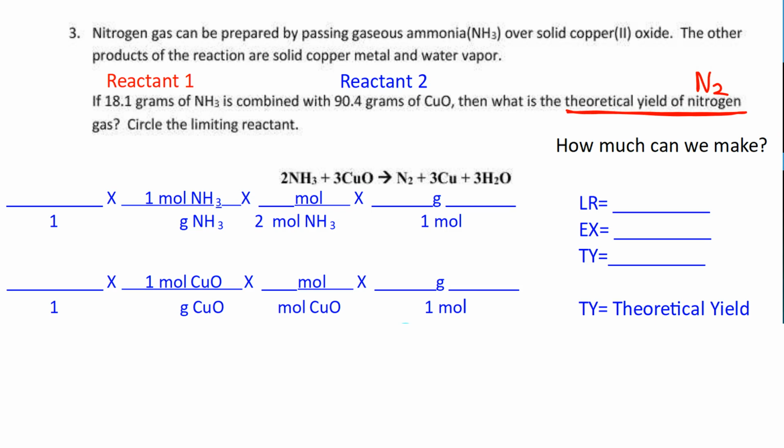So we're looking for the theoretical yield of nitrogen. So that means on this one, we're looking for grams of nitrogen ultimately. And the reason why I went to grams is because I started in grams. All right, the last one, it started in moles, so it was okay for me to answer it in moles.